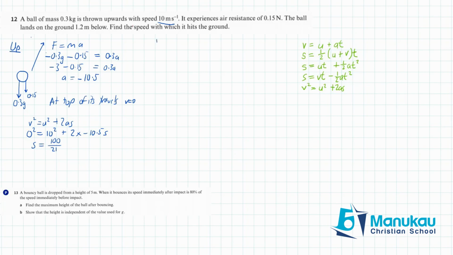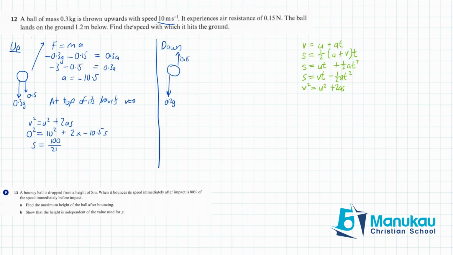Now, let's consider the downward motion. When we're going down, we have a force due to gravity pulling us down as before, but this time we have resistance in the opposite direction.